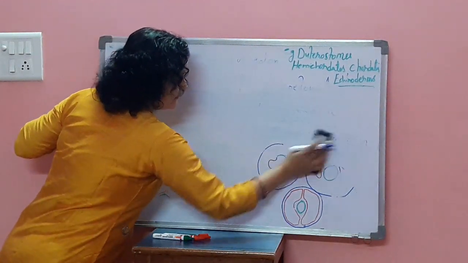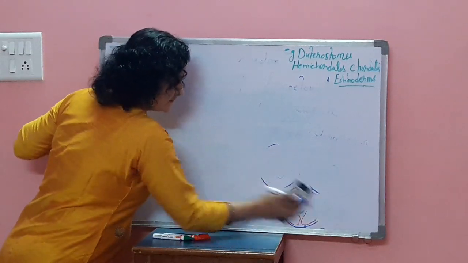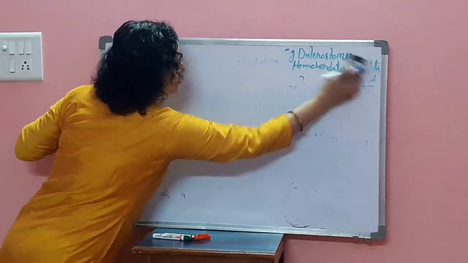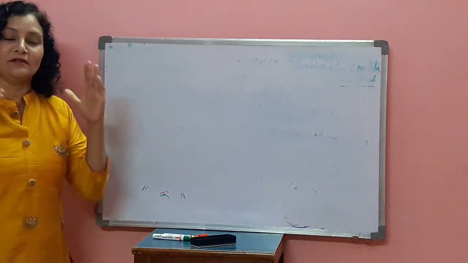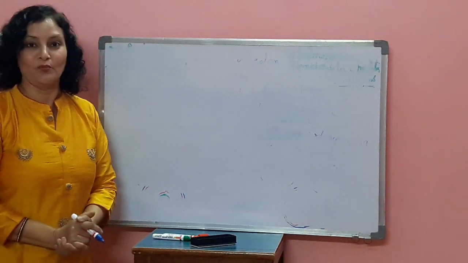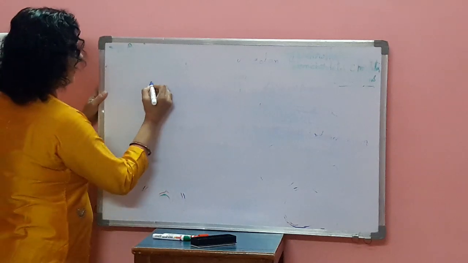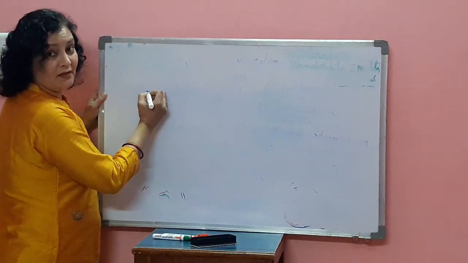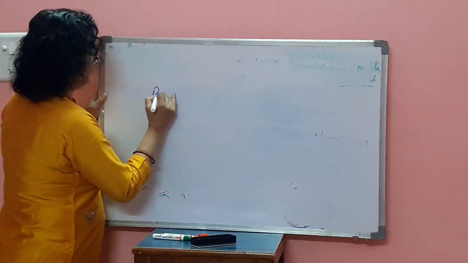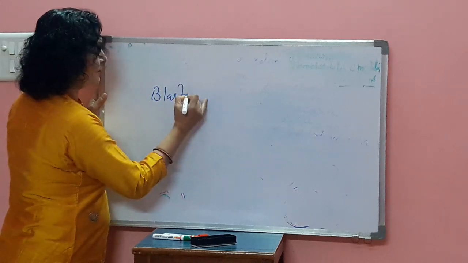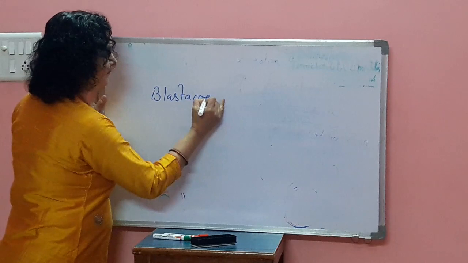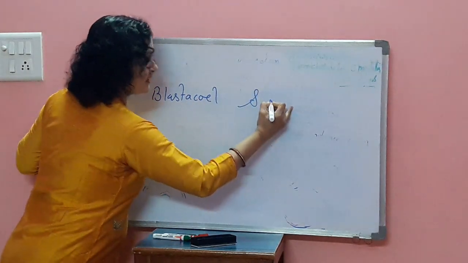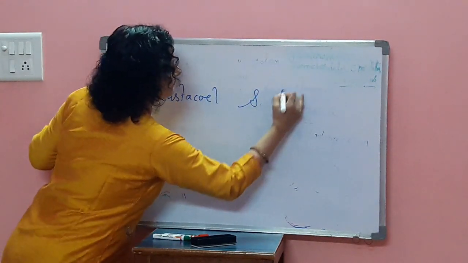But next we learn about the category of pseudocoelomate. In pseudocoelomate, the archenteron does not develop the coelom. Here the body cavity arises from the blastocoel. It means two cavities in the embryonic stage, blastocoel and gastrocoel or archenteron.